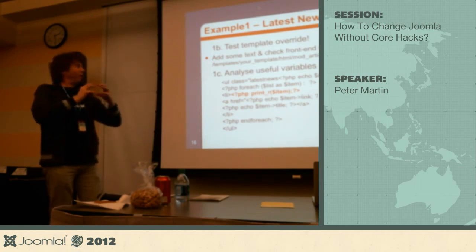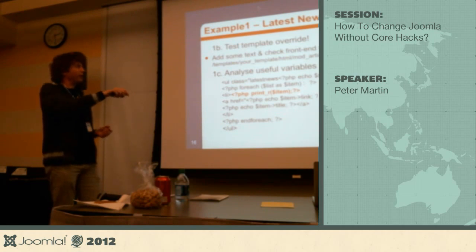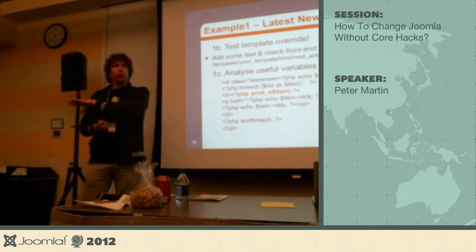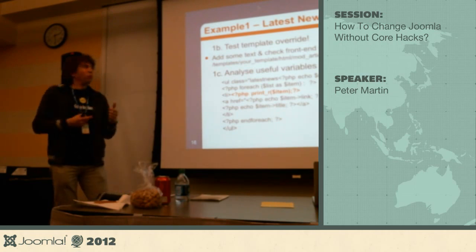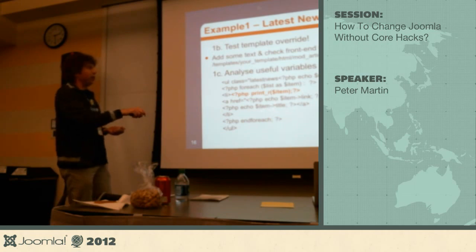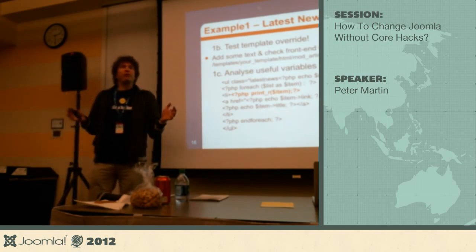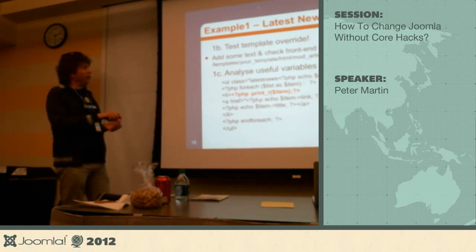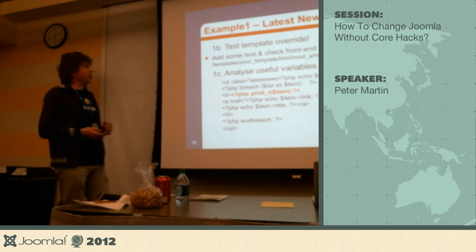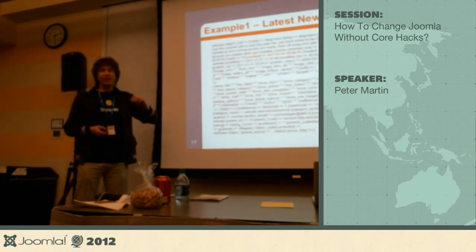You have all the tiny parts which are called item, and in item there are a couple of different variables stored, like the title, which is already on the screen, as it says here, item title. But I would like to have the date. So how to find out what the date is? Well, there is something called print_r. It's a function that will show you the contents of a variable. And in this case, it's something like this.